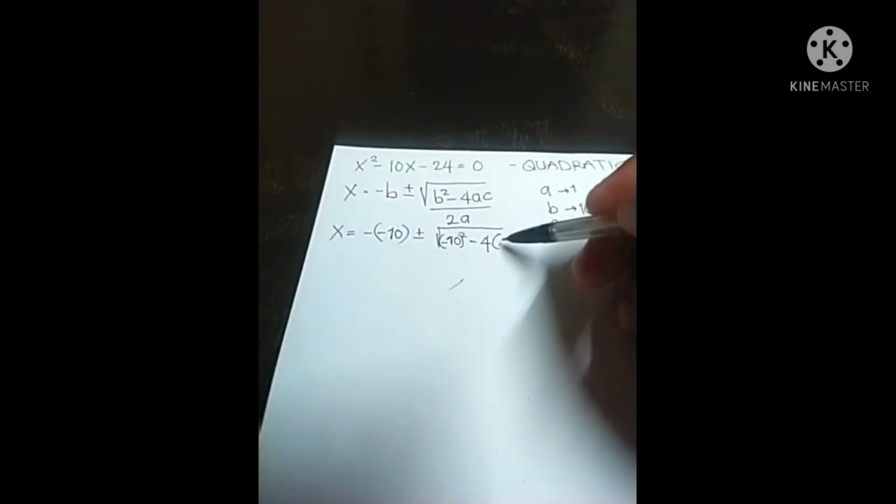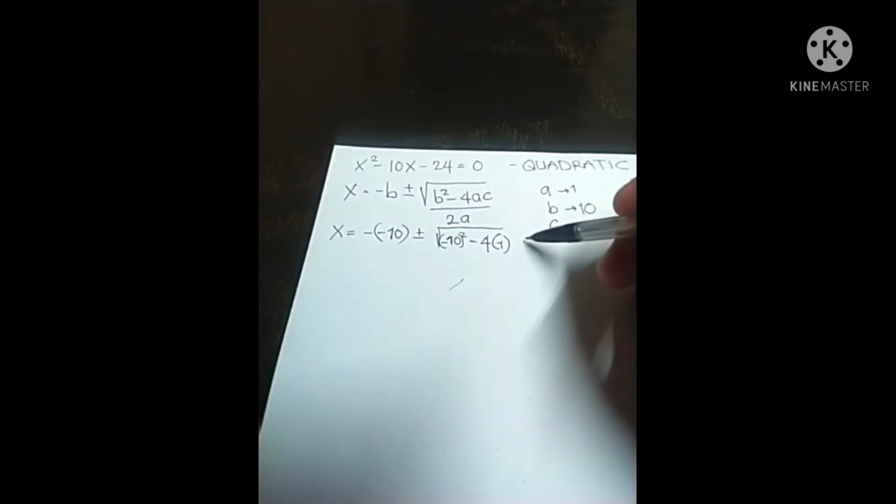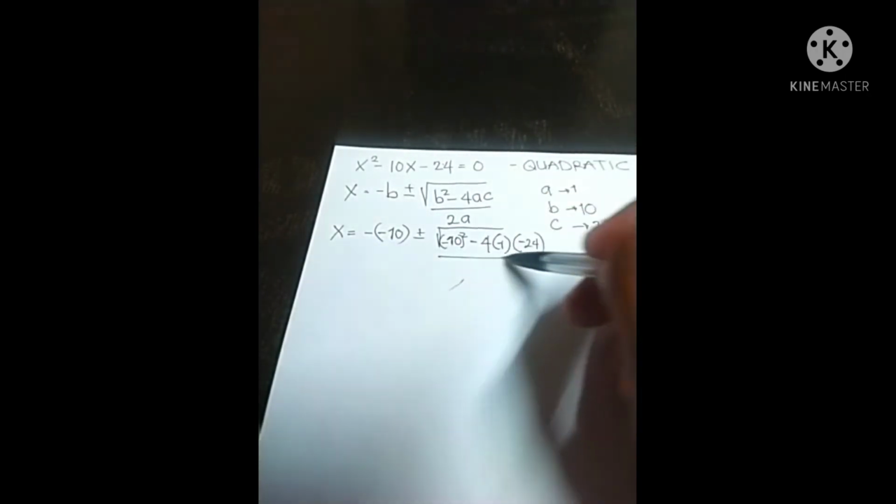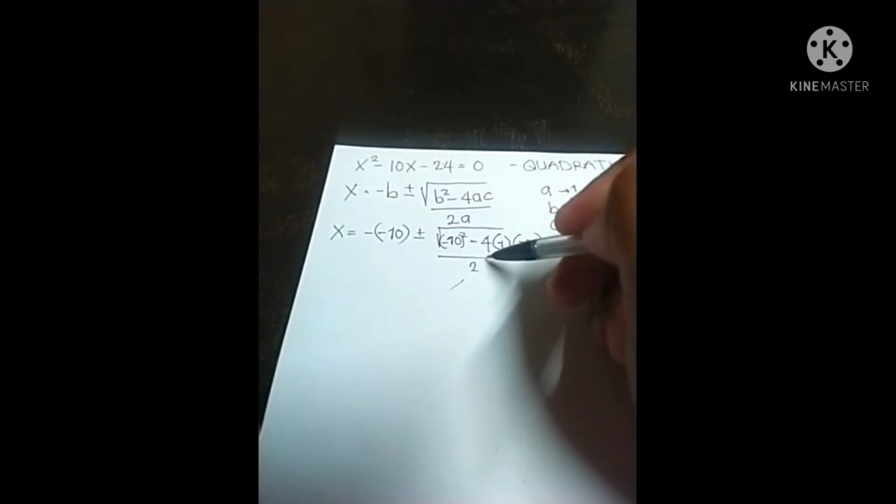A is 1 times C, which is negative 24 from the equation, over 2 times A, which is 1.